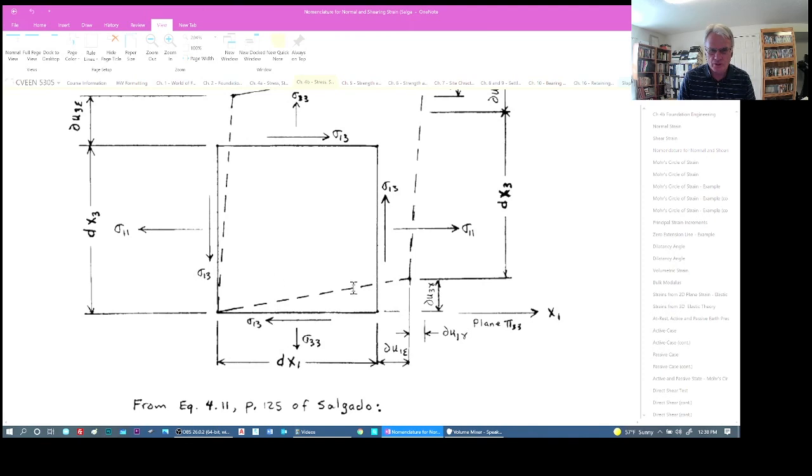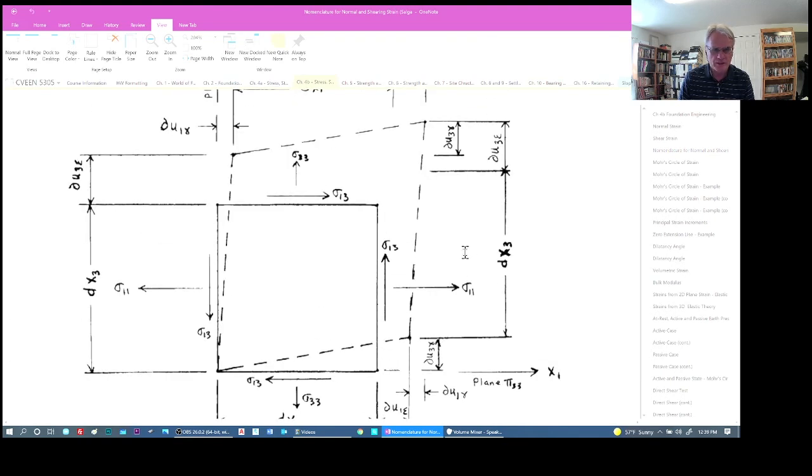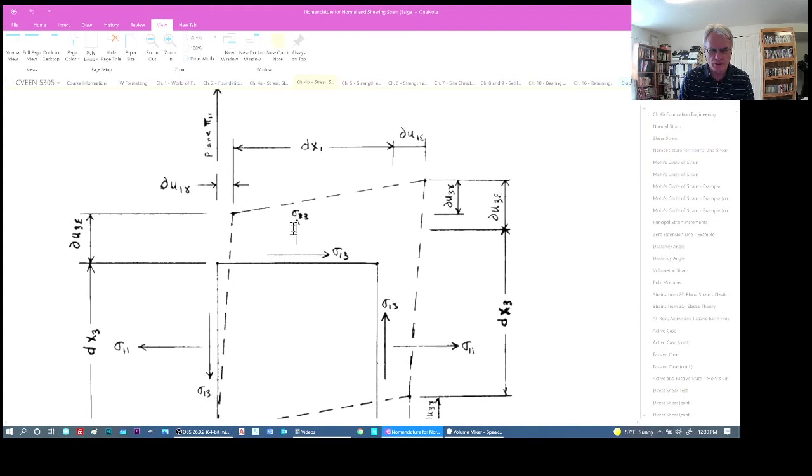Also, stresses are represented here. So Lawton, instead of using sigma, this would be what we would call sigma xx or sigma x in our previous discussion. It's now labeled sigma 11, and also sigma y or sigma yy would be this direction.